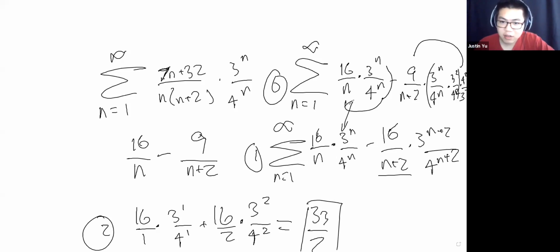Okay, this term carries over. This term, I wanted a 3 to the n plus 2 over 4 to the n plus 2. So I multiplied by 3 squared over 4 squared. Then I multiplied by 4 squared over 3 squared to cancel. So then I combine these two and I combine those two and I get that. The answer should be 33 over 2. Maybe I did wrong math, but this is the method and that's all I care about teaching to you.